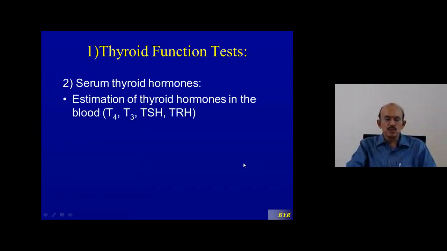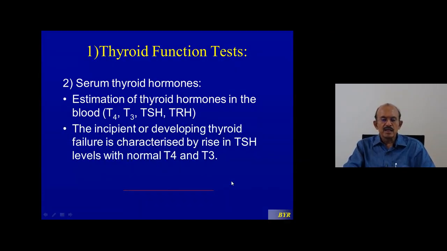Serum thyroid hormones. You can measure T4, T3, TSH, and TRH. The incipient or developing thyroid failure is characterized by a rise in the TSH levels with normal T4 and T3. Sometimes the T4 and T3 are normal, but TSH only is altered.